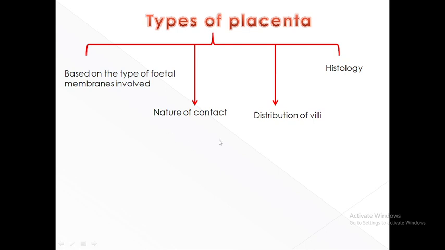In the case of the nature of contact, the placenta can be the deciduate or indeciduate type. In the case of the distribution of chorionic villi surrounding the embryo, the placenta may be diffuse, zonary, cotyledonary, discoidal, or the incomplete zonal type.